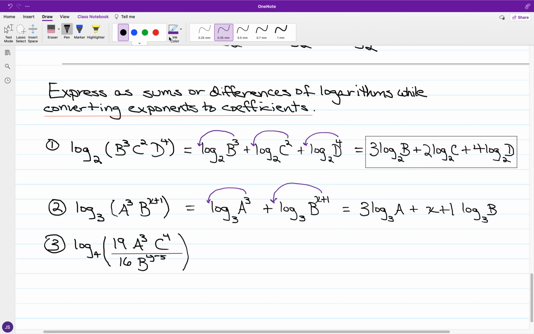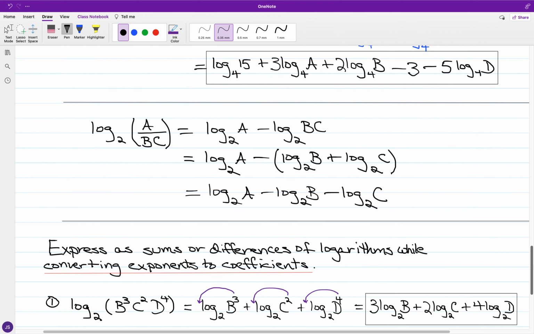So to ensure that x and 1 are both multiplying the base 3 logarithm of b, I'm going to need parentheses, because if I don't have the parentheses, I'll have x by itself and 1 times the base 3 logarithm of b apart, when they need to be together.